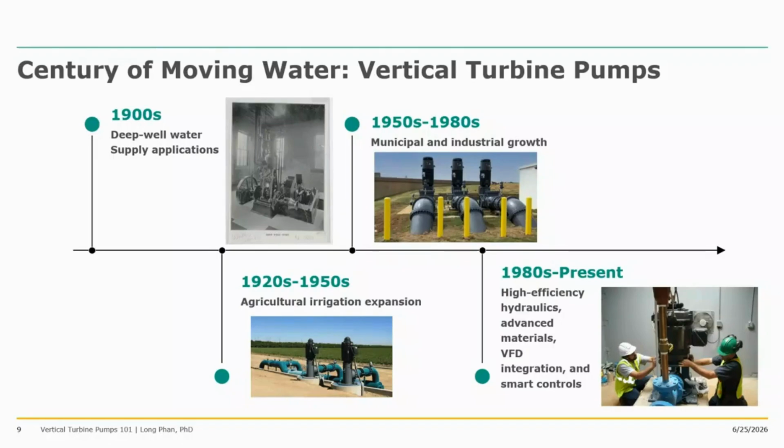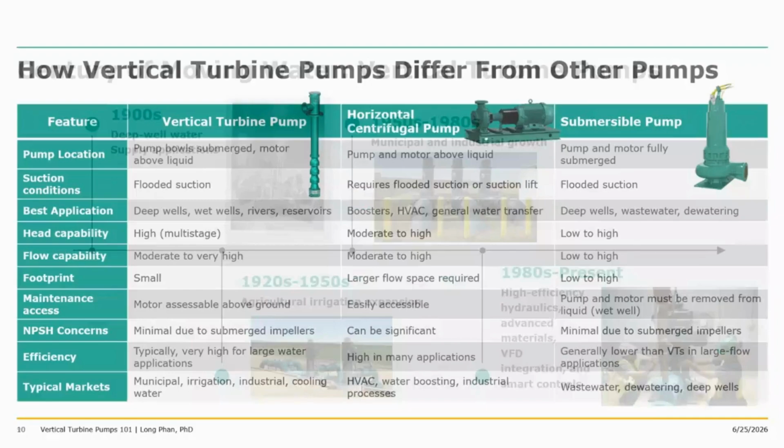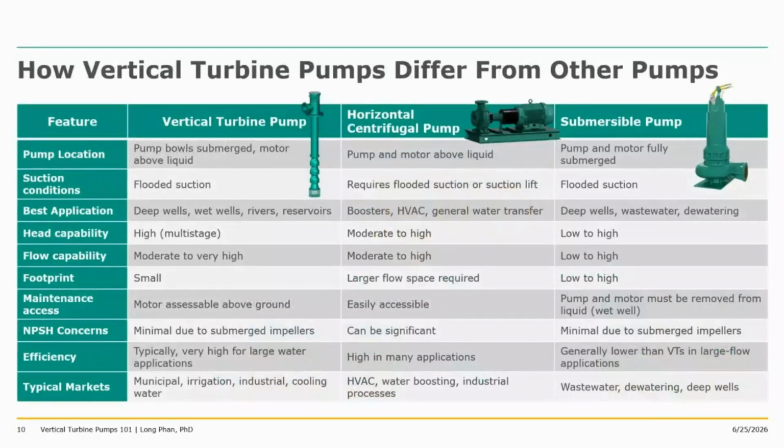Now, let's look at what makes a turbine pump different from other pump types. Within the family of centrifugal pumps, let's look at a few highlights of the vertical turbine pump as compared to other cousins in the family. Vertical turbine pumps have flooded suction, with the bowls fully submerged.